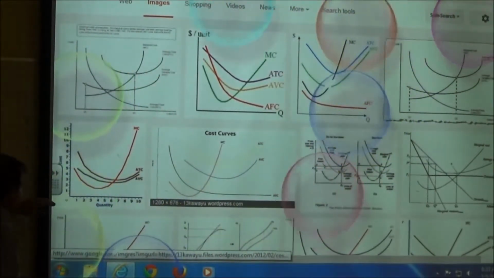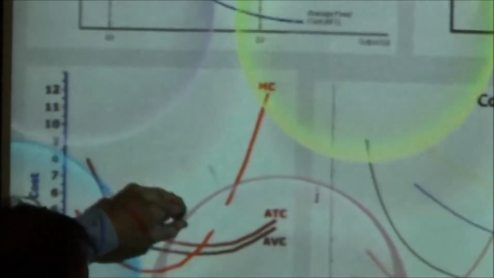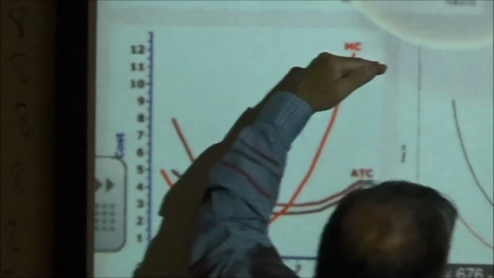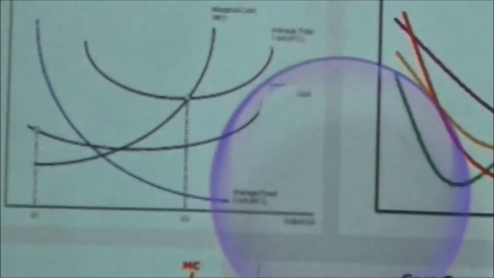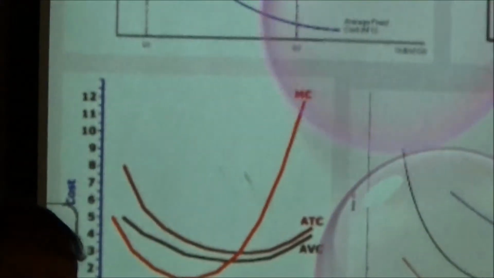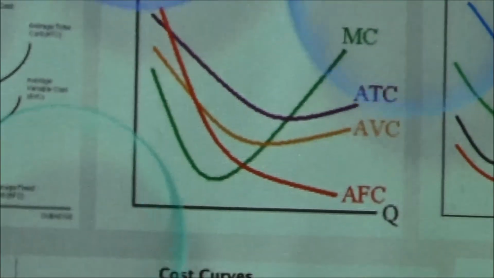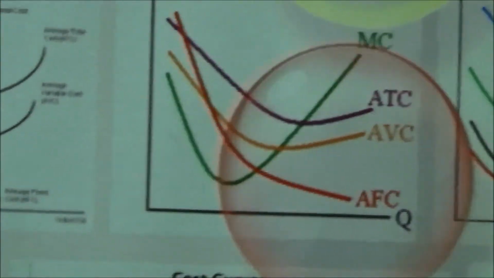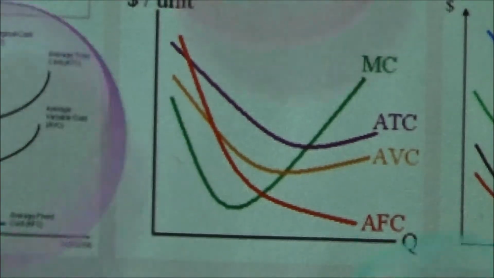Number 1, as the quantity gets higher, in other words, as we go in this direction, your average fixed costs are going to get lower and lower. All these are on my notes too, but I just want to show you visually. So as the quantity increases, the average fixed cost gets closer and closer to zero. That's number 1. In other words, we're dividing those fixed costs by more and more units.